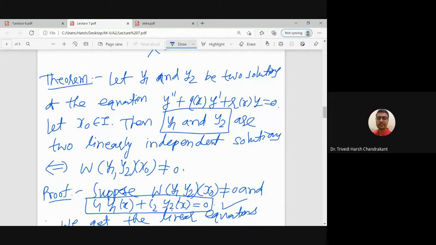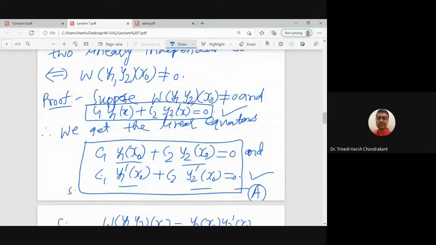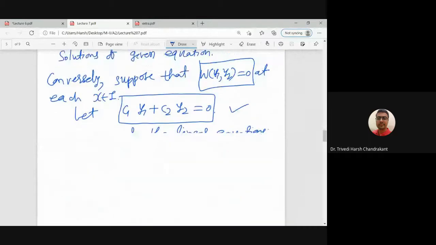We don't need to check that the Wronskian is non-zero at every point. So this is the method to check whether two solutions are LI or LD. But on the other hand, the first thing is how to find the solution, right? If we get the solution, we can check using this method whether the solution is LI or LD.